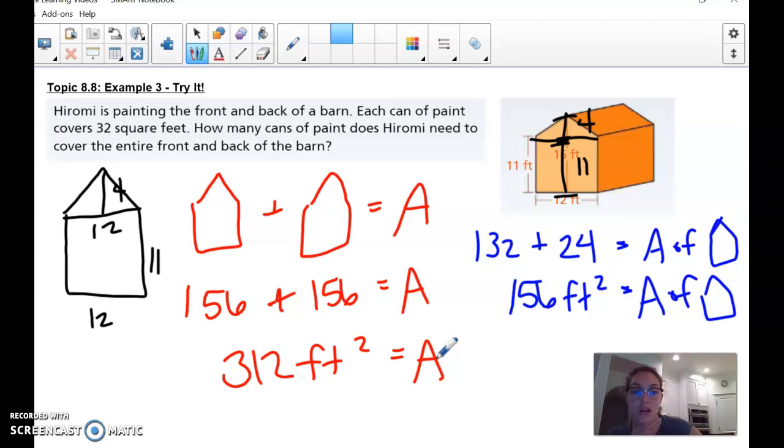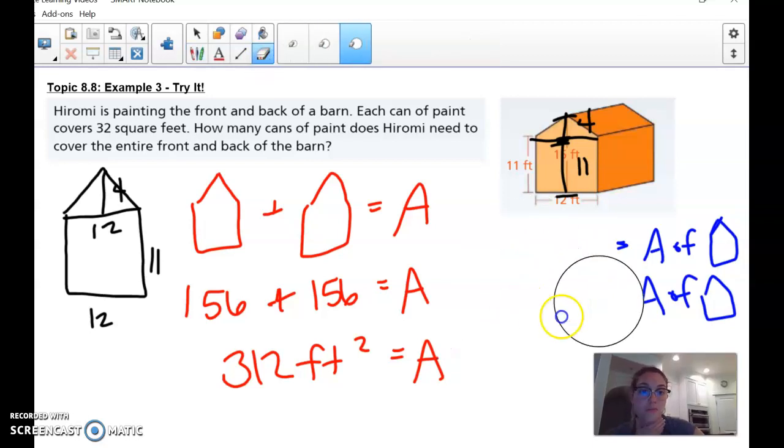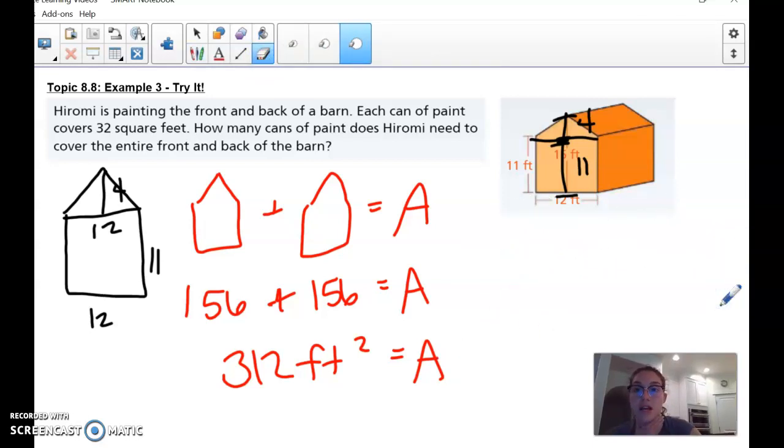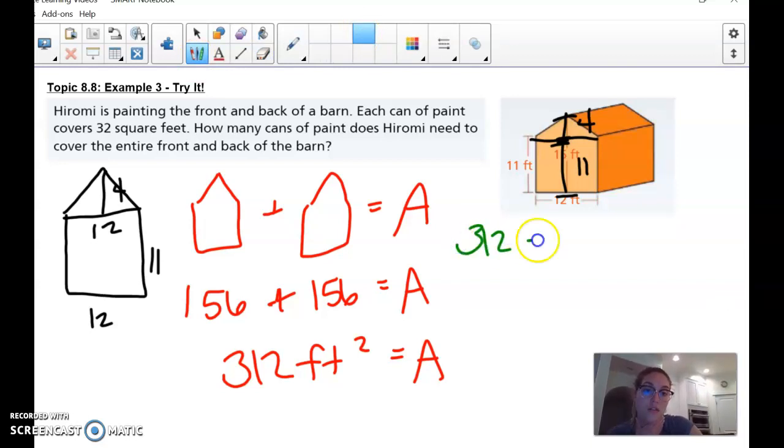So let's see, I'll write this over here. So the last thing I need to do is look at 312 divided by 32 square feet so that I know how many cans of paint I'm going to need. Number of paint cans.